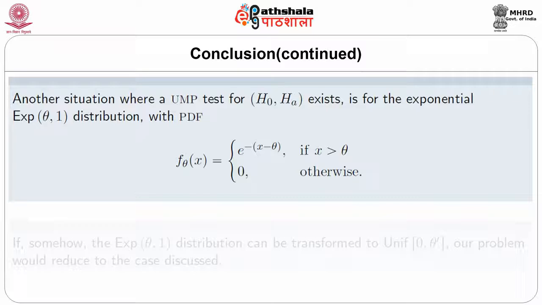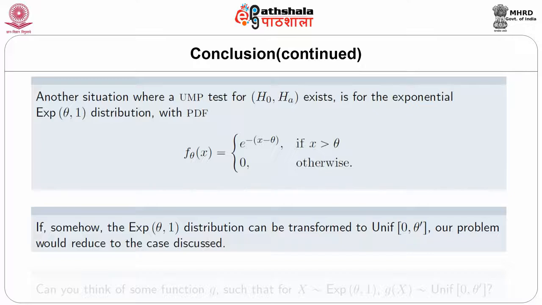Suppose x1, x2, ..., xn is a random sample from a normal distribution with mean mu and variance 1. It is a simple problem. You can find a uniformly most powerful test for testing mu equals mu naught against mu greater than mu naught, and a uniformly most powerful test for testing mu equals mu naught against mu less than mu naught.